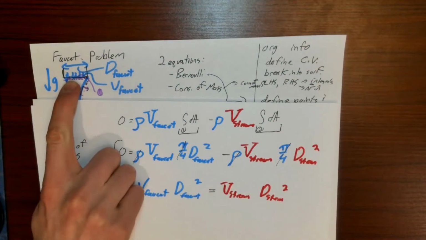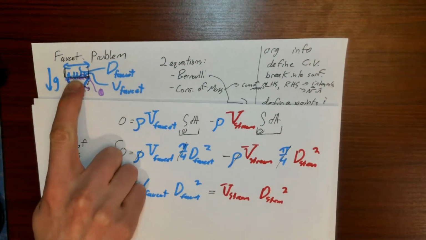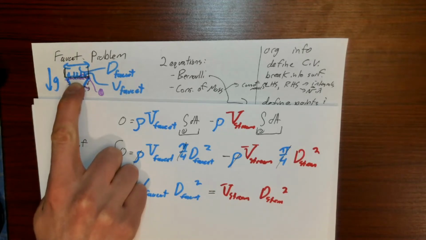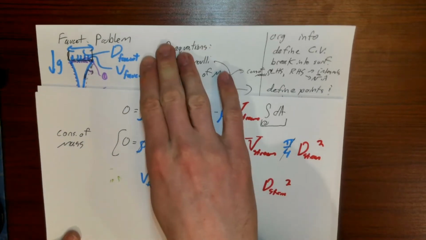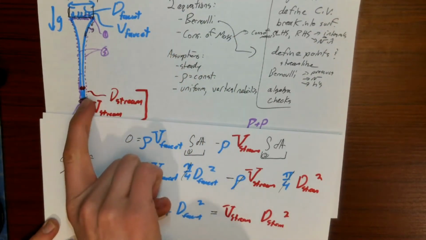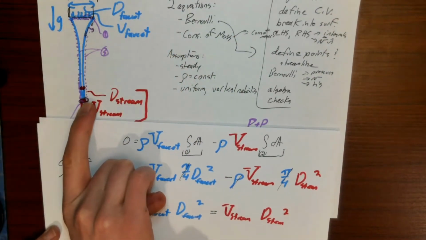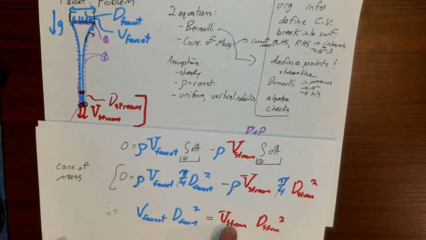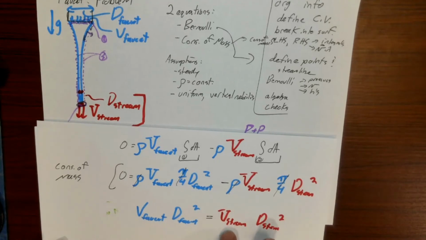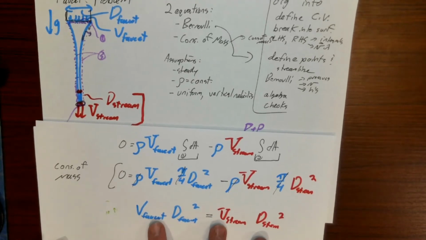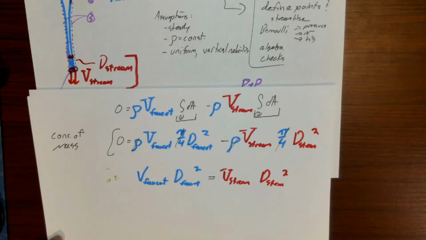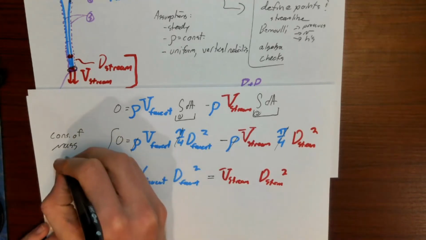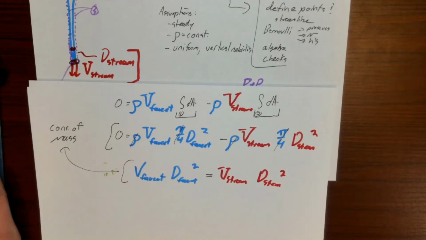At the inlet, the velocity is moving pretty slow right as it exits the faucet, and the diameter is really big. But once the fluid falls for a little bit and accelerates due to gravity, its velocity rapidly increases. And if its velocity increases, then its diameter has got to decrease proportionately in order to have both sides of this equation be the same thing. So there we have it. This is our result from conservation of mass.